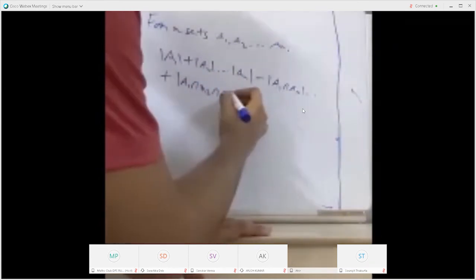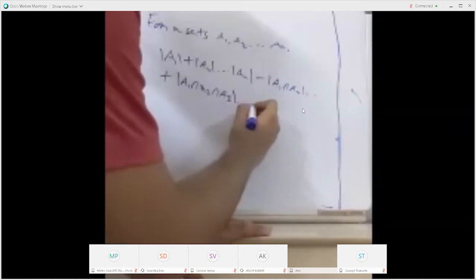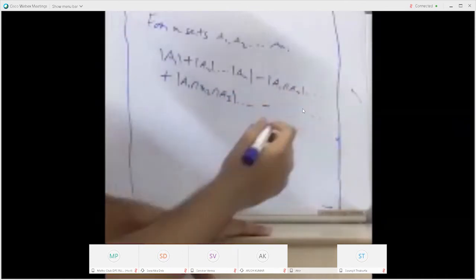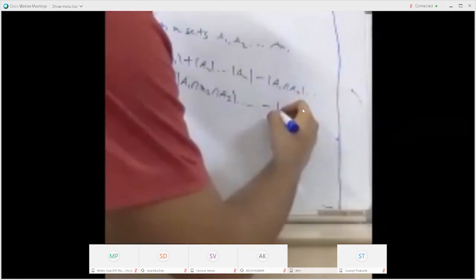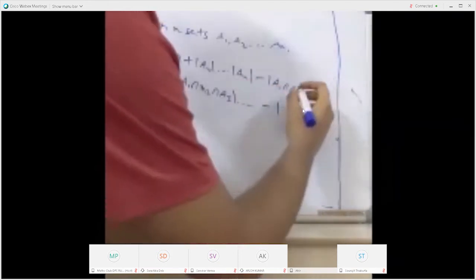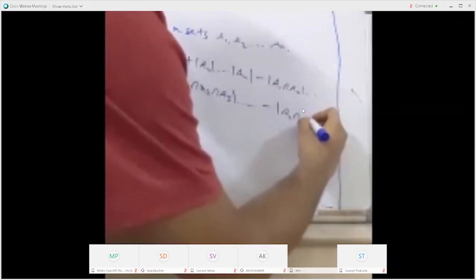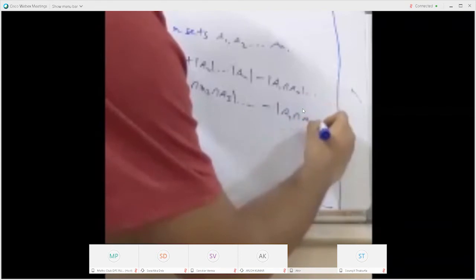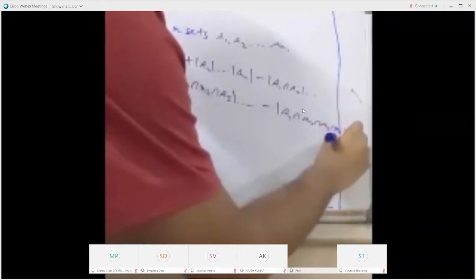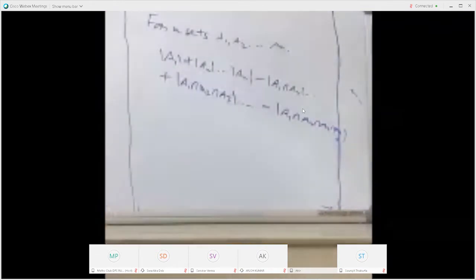So we take all such triples, and we keep on alternating the sign. So we subtract the 4-tuples of intersections, and so on, alternating the sign. So you can prove this yourself if you want. I'll leave that for you.